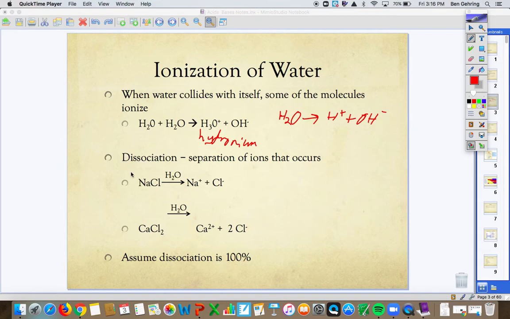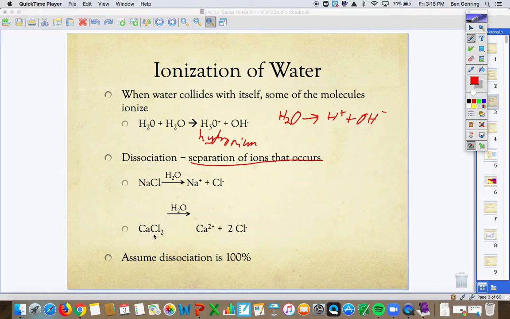We have another term we call dissociation. Dissociation is the separation of ions. So if we put salt, NaCl, into water, remember sodium is a cation, it's got a positive 1 charge. Chlorine's an anion, it's got a negative 1 charge. When we put it into water, these water molecules surround and dissociate these ions. So sodium chloride is going to split into a sodium ion and a chloride ion.